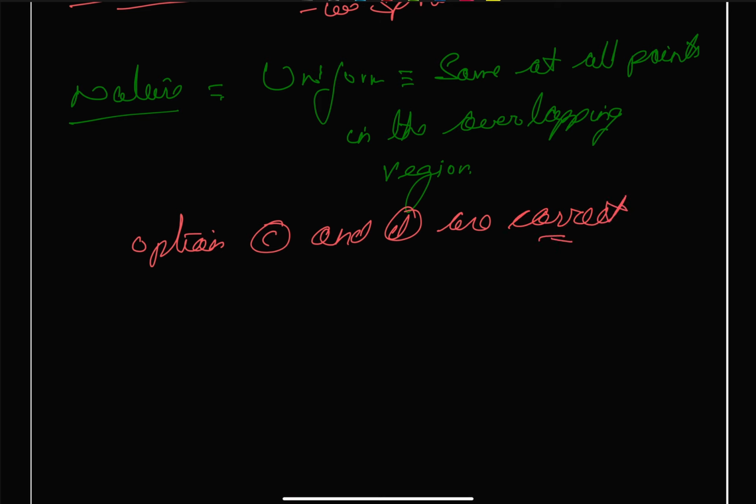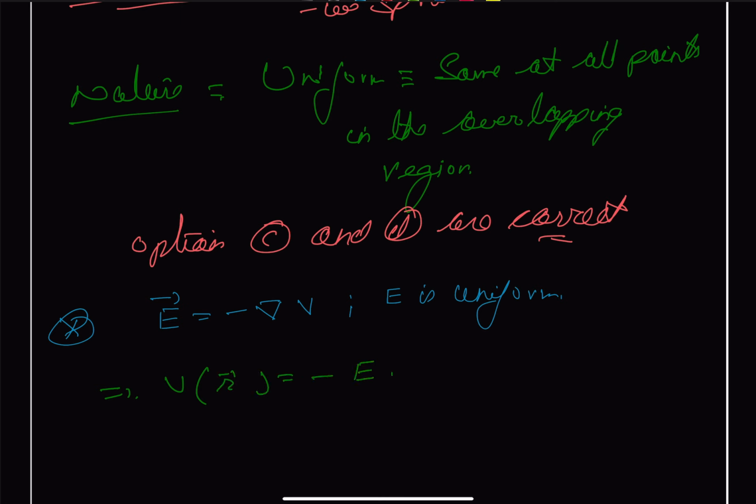Now we are going to find the potential. The relationship we already know: E is equal to minus gradient of V. And we have an electric field that is uniform, therefore we can write the potential as minus E dot r vector plus some constant.